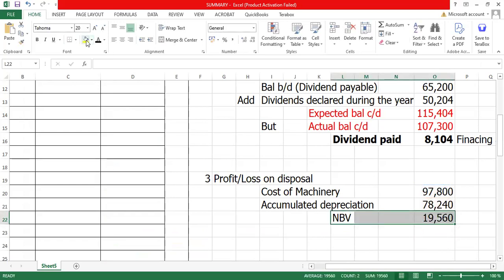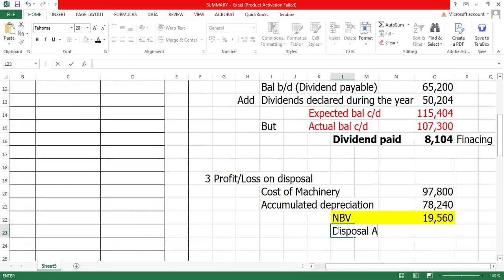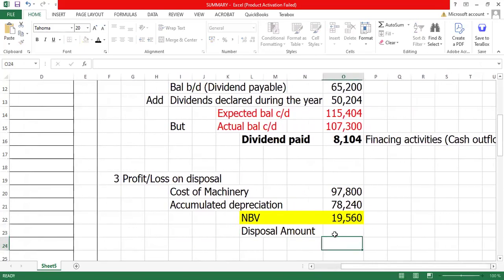Compare this net book value with the disposal amount. What is the disposal amount? See whether you have a loss or a gain. What was our disposal amount? 32,600. So do we have a loss or a gain?